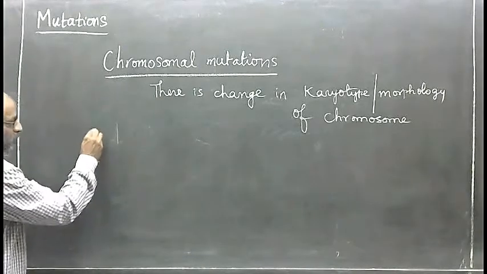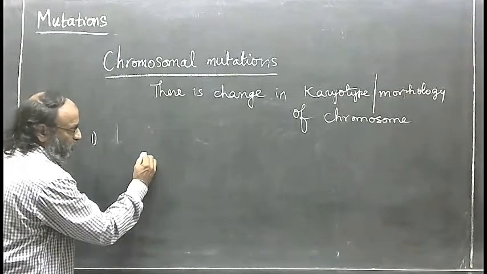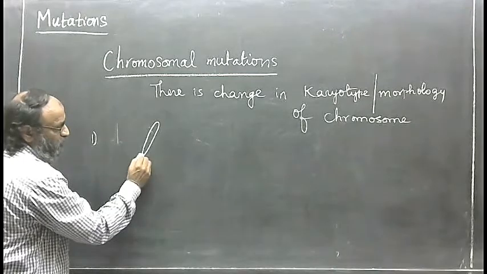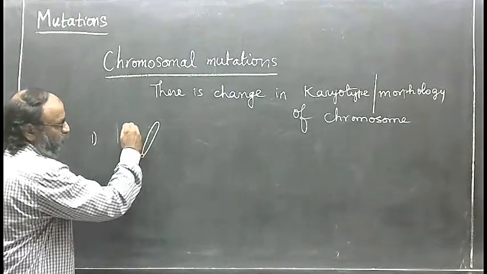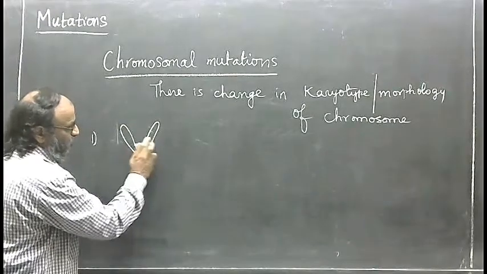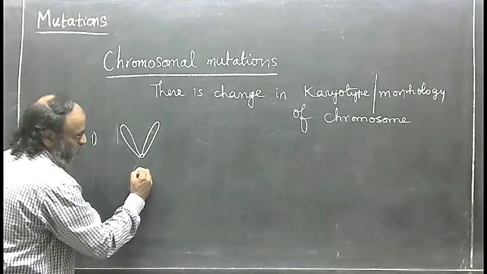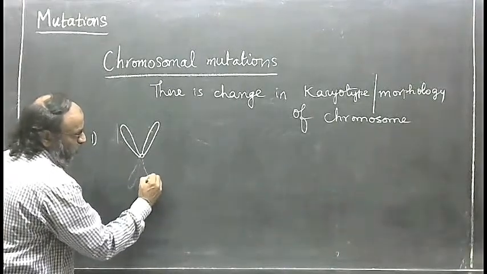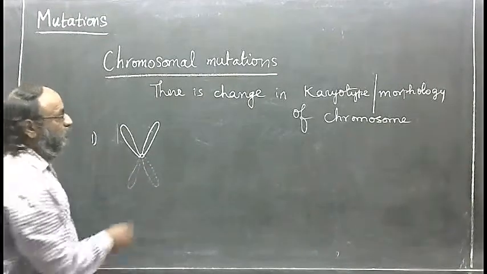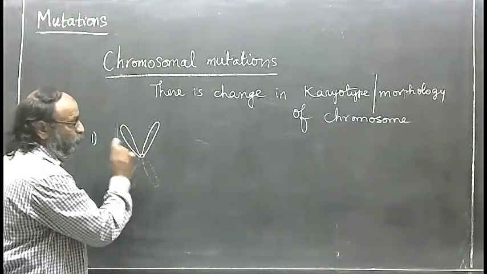Let us examine the cases. Now, imagine this is a chromosome with a centromere and this is a chromatid. This is the arm of the chromosome. Of course, a chromosome has two chromatids. We have represented one chromatid and this is another chromatid. Now this is the chromosome before mutation.